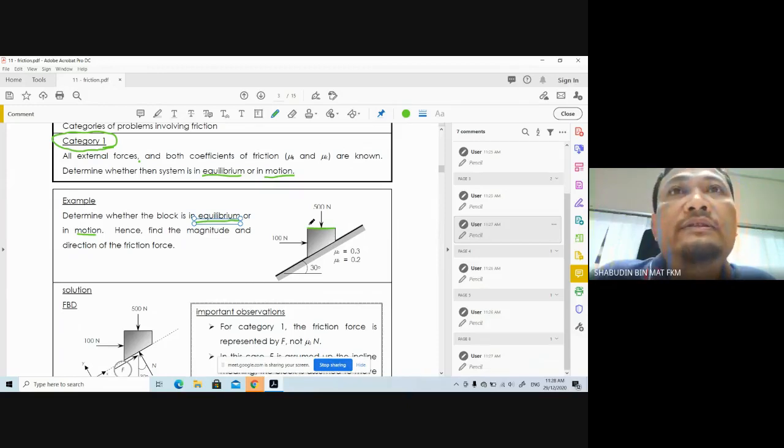The 500 Newton is the weight of that one. The question asks you to analyze whether the block moves down or moves up.